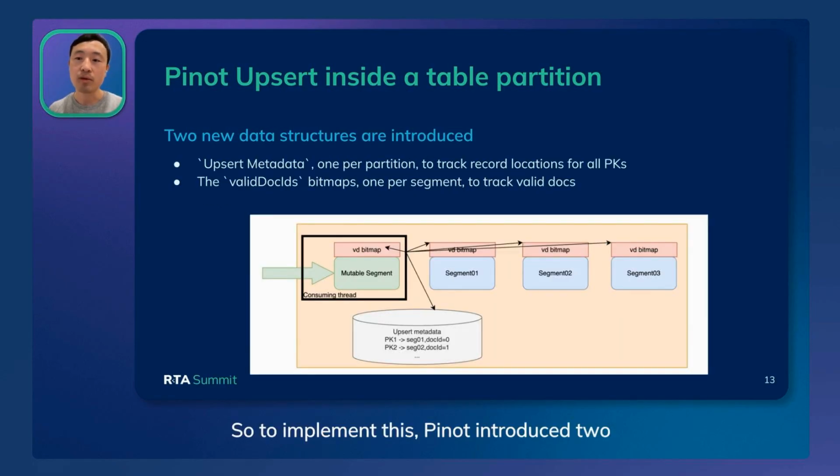To implement this, Pinot introduced two critical data structures. First, we have this Upsert metadata, which is used to track which records are stored in the segments. Like in this figure, the primary key K1 is in segment 1's first document, and the primary key K2 is in segment 2's second document.